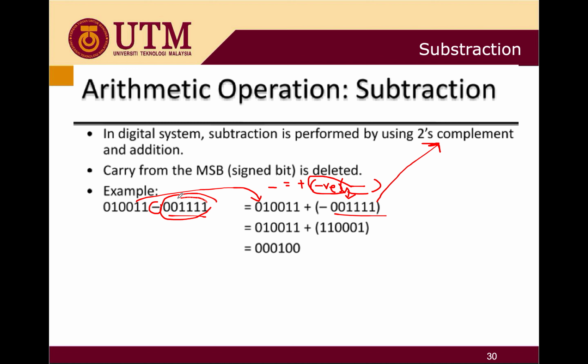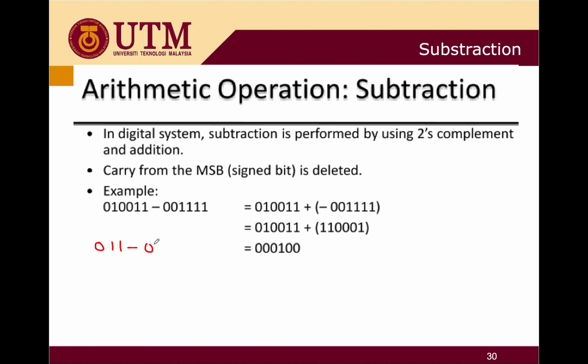You need to subtract using the negative value in second complement. I give you the example. Let's say you have 0, 1, 1, you need to minus 0, 0, 1. So maybe like this.